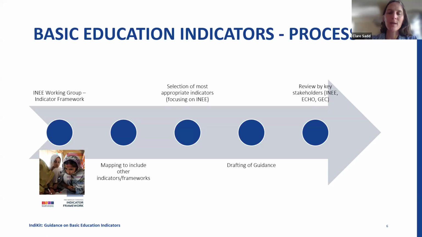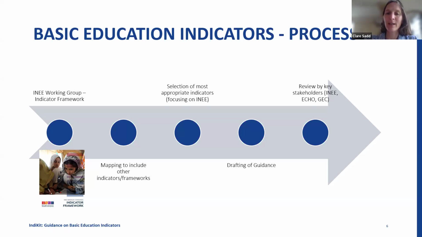So we were part of that process of developing the INE framework of different indicators that was published in 2021. And that framework aligns the recommended indicators with the INE minimum standards. So this was the base point for us to start working on updating these indicators, basing it on that indicator framework that INE and this working group put together.